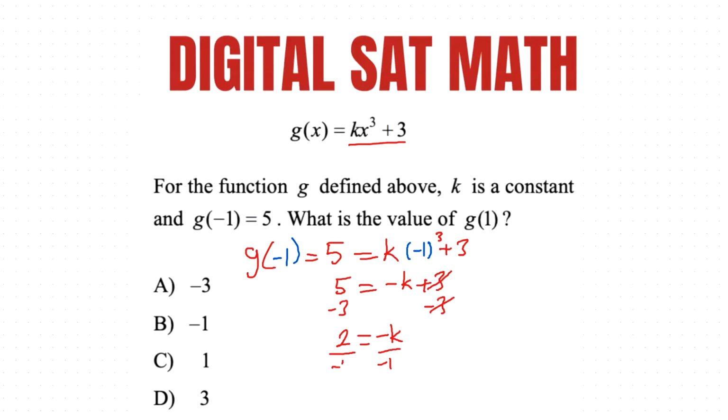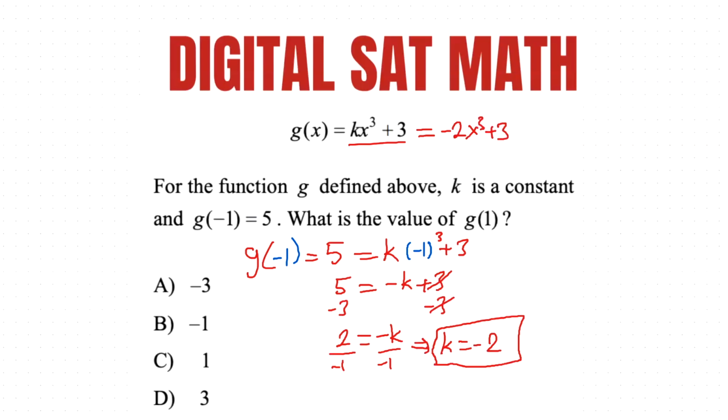So in this case, you will have k as -2. So we just found the value of k, which is -2. If you had been asked to find the value of k, then you were done. But we will continue. So the function is g of x equals -2x to the power of 3 plus 3.